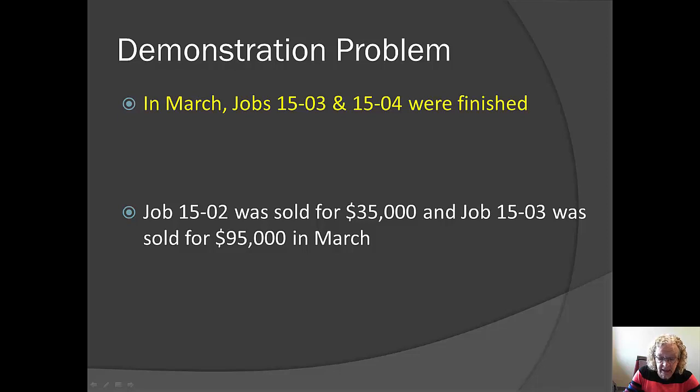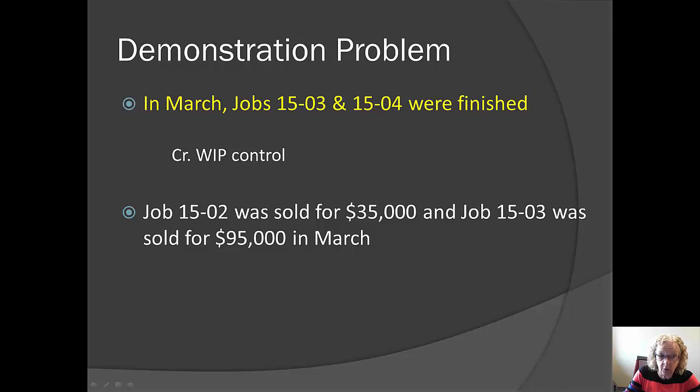Now, somebody has to tell us whether we finished any of these jobs. In this case, we finished job 1503 and 1504. That means that their costs have to leave work in process and go to finished goods at the same time that the physical units leave the production floor and go to the finished goods inventory.